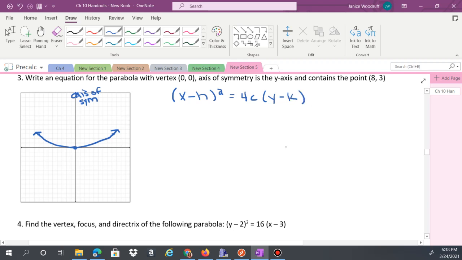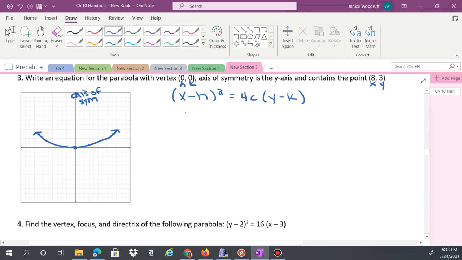So if we want to find the equation of this, what we can do is use that point as x and y. And then we have (0, 0) as h and k. Okay, so I have h, k, and x, y. And then that'll allow us to find c.